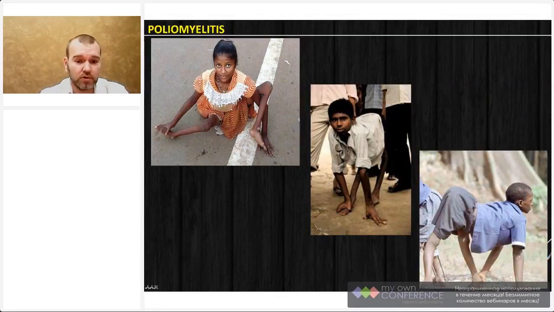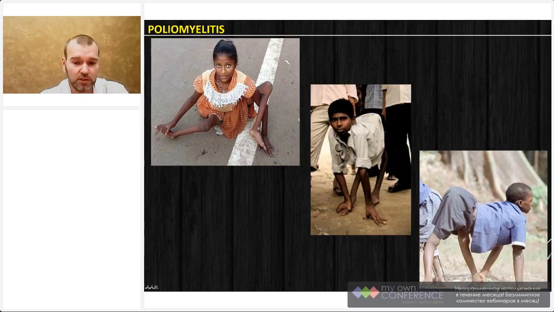And a few photos of severe polio when extremities are affected. Different extremities can be affected, mono or bilateral, and usually those extremities remain in the stage of development when the kid was affected. The extremity will not grow, it will remain the same size, muscles will not grow, and usually those extremities are used only to step on.